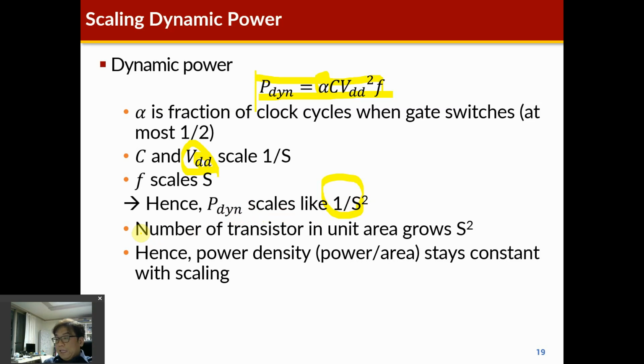But as the size of a transistor is also scaled down, the number of transistors in the same area grows by S square.